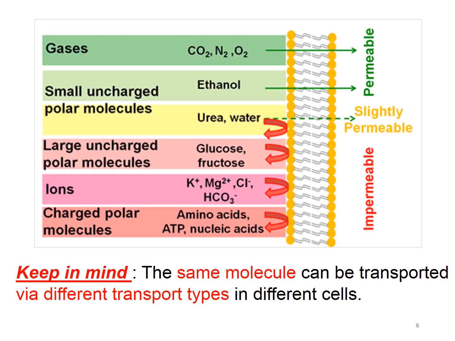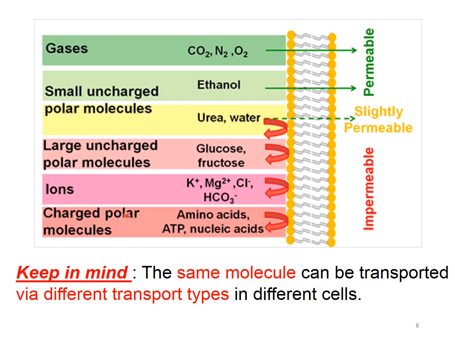Let's see which molecules can pass through the membrane. We have a big range of molecules that need to pass across the membrane. However, the membrane will not allow all of them to the same degree.